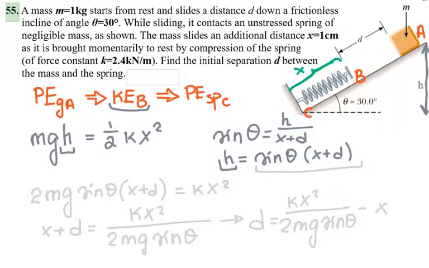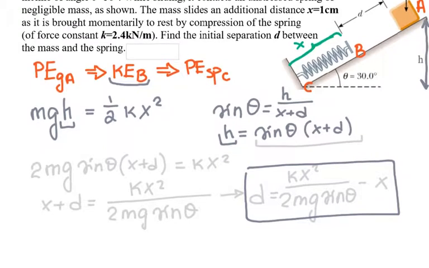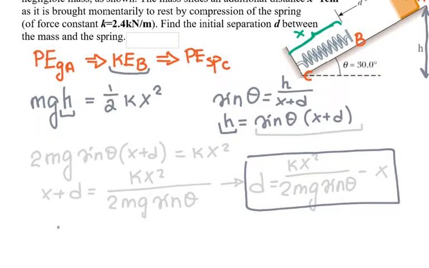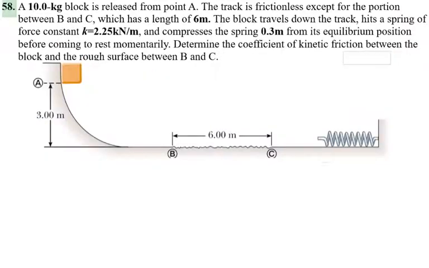So this will be my distance formula that it travels before it hits the spring. Now, if I plug in my numbers, I get that the distance is 1.4 centimeters or 0.014 meters.